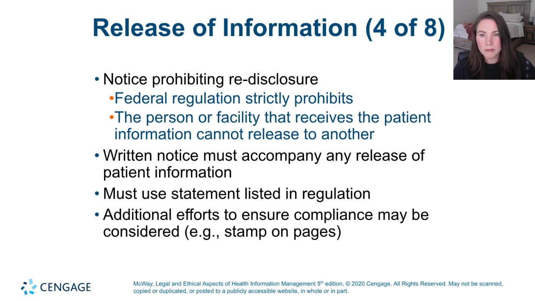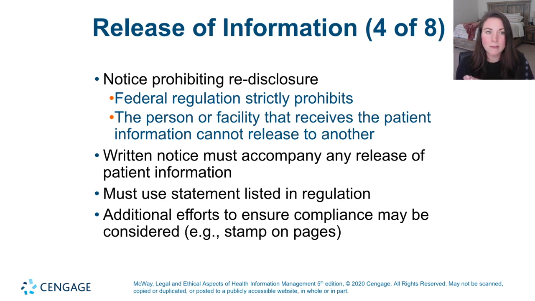Federal regulations strictly prohibit redisclosing the information, meaning the person or facility that receives the information cannot release it to anyone else. In this scenario, the regulation doesn't allow each facility to develop their own notice. They have to use this specific statement that is listed in the regulation, and it has to accompany the health record, go with it when it's released.